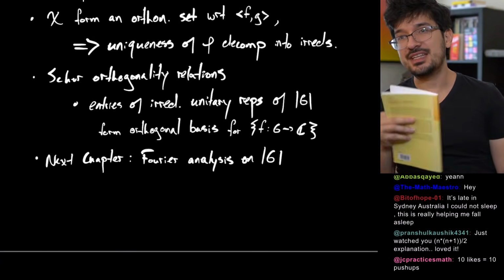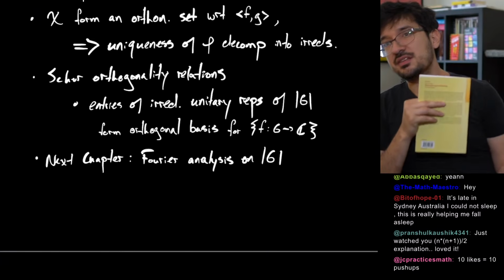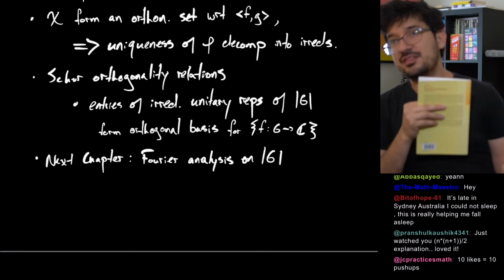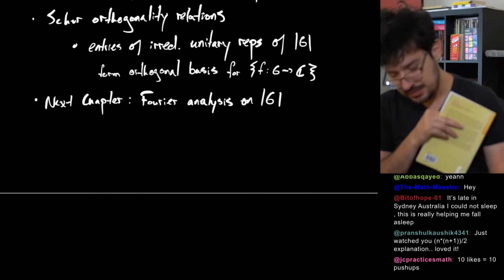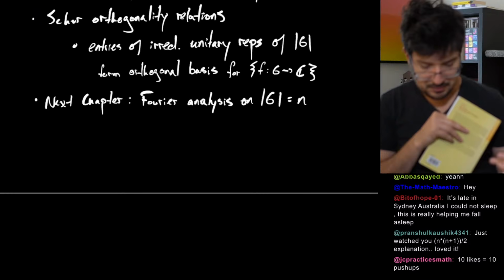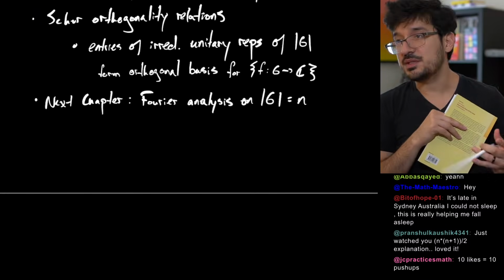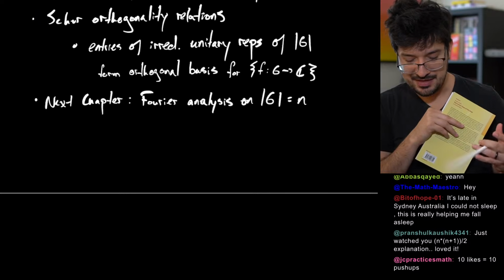I guess that sentence does look like I'm saying that we're doing Fourier analysis on a number, on the size of G. That still looks like I'm talking about Fourier analysis on that number.